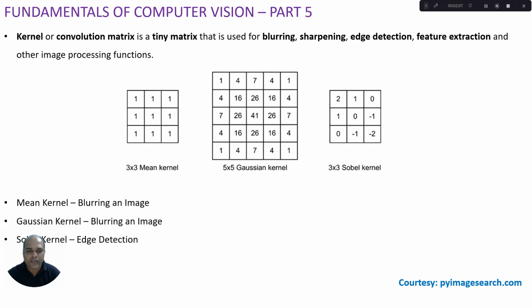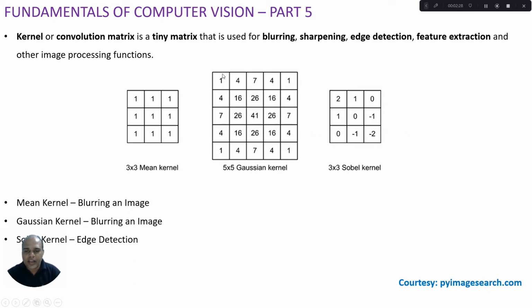It should be an odd value. Why? Because we should have a center pixel value, a center pixel to compute. When I place this neighborhood on an image and do some operation, that result will be used for replacing the center pixel value.